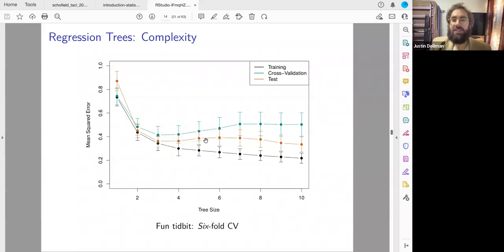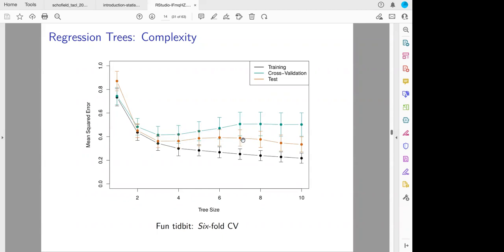And I feel like that has something to do with what you were saying, but maybe not. That seems consistent with it. The x-axis here is tree size, which is standardizing some measure of the complexity. But how big is the test set in this case?